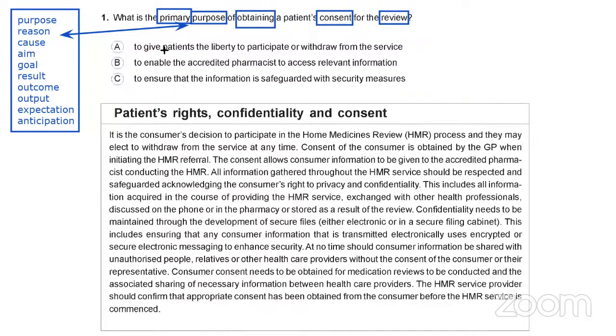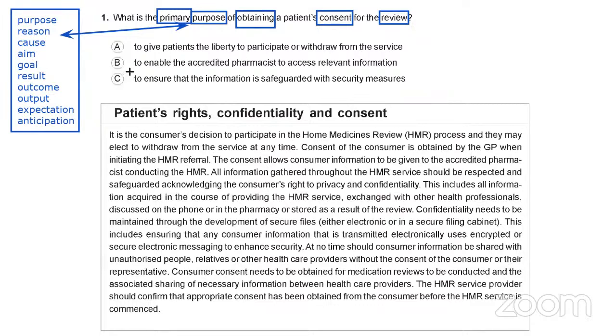Now, to give patients the liberty to participate or withdraw from the service. So, what is the primary purpose of obtaining a patient's consent for the review? To give patients the liberty to participate or withdraw from the service.